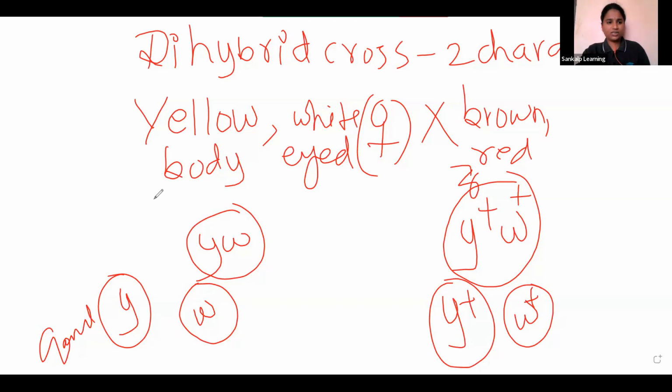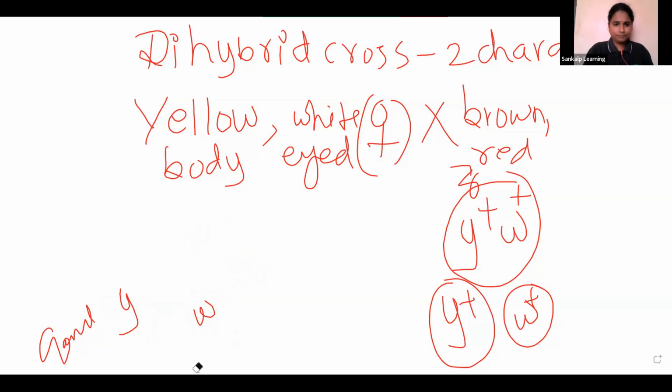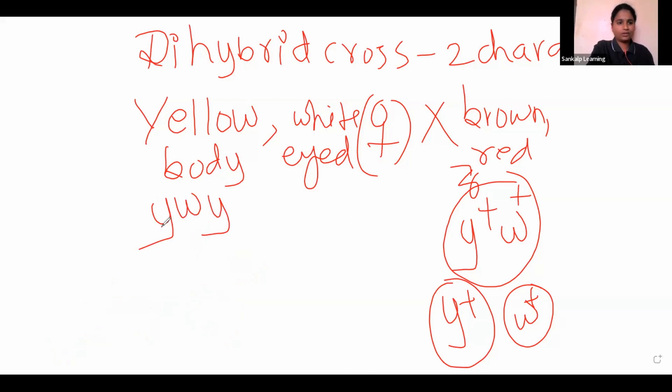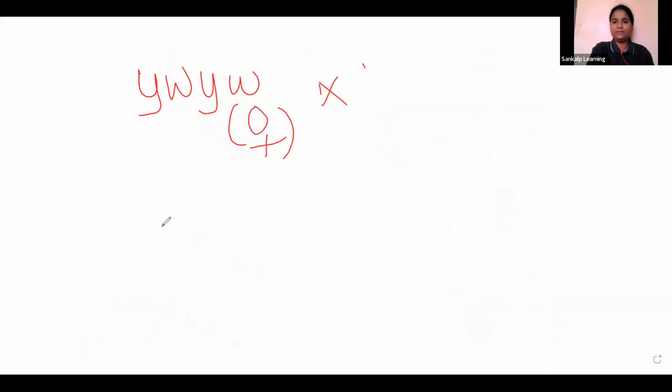One minute. This is a dihybrid cross. Please rectify. YW, consider this the yellow bodied white eyed female, crossed with Y plus W plus, the brown bodied red eyed male.